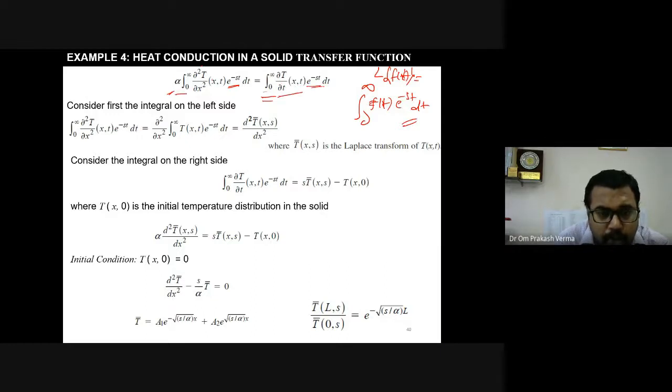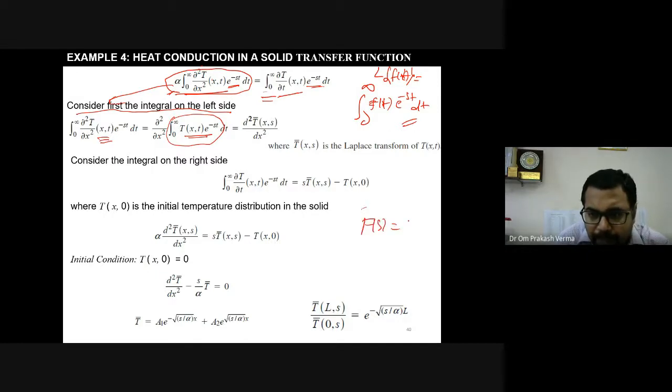Now we are trying to solve the left hand side equation first. Consider the first integral on the left hand side. We have taken del squared by del x squared outside, and this is T(x,t) e to the power minus st, and it is nothing but F(s). If the Laplace of f(t) is represented by F(s), then F(s) is the integral from 0 to infinity of f(t) e to the power minus st dt.